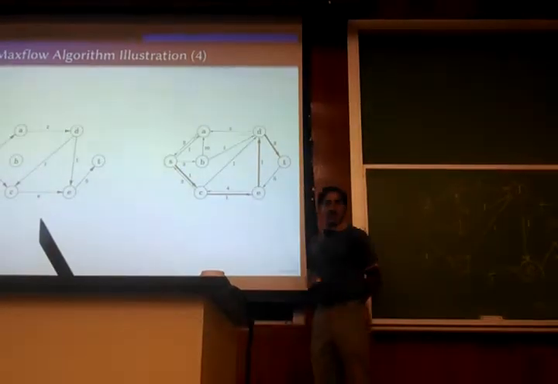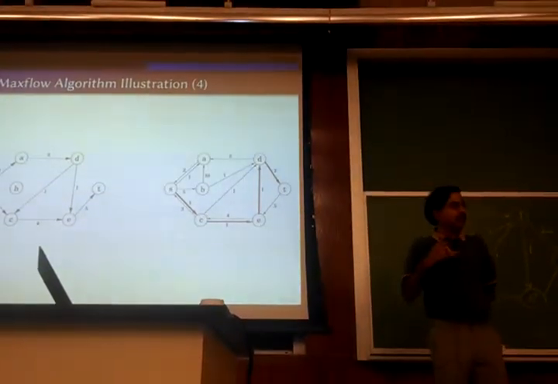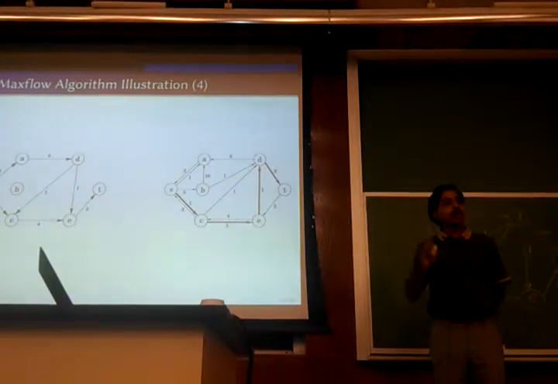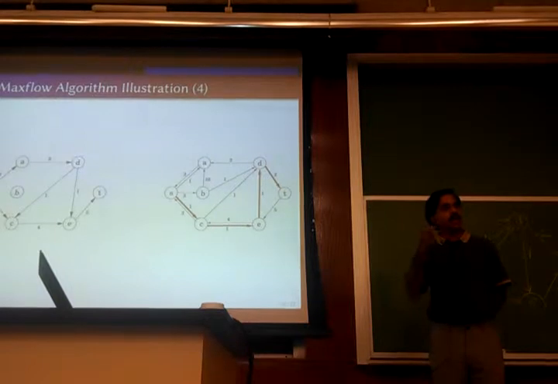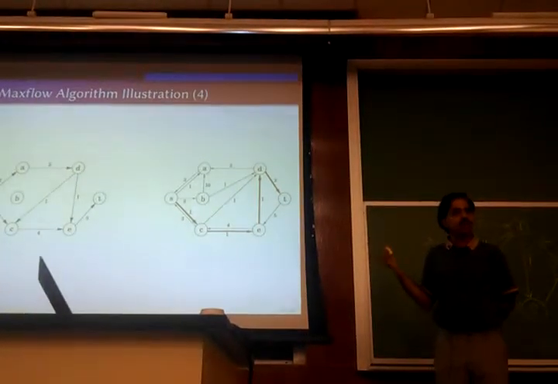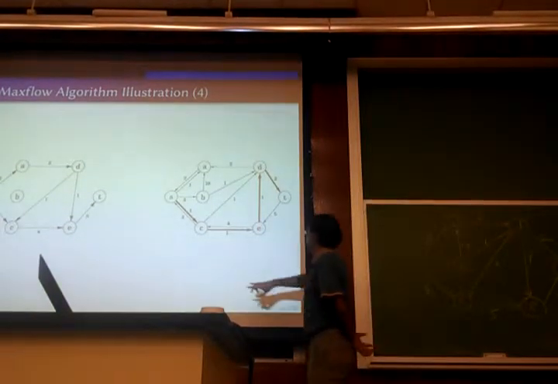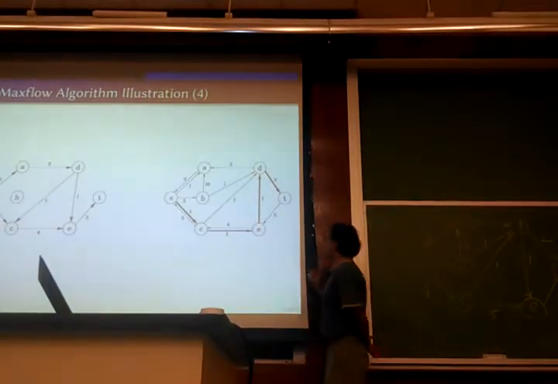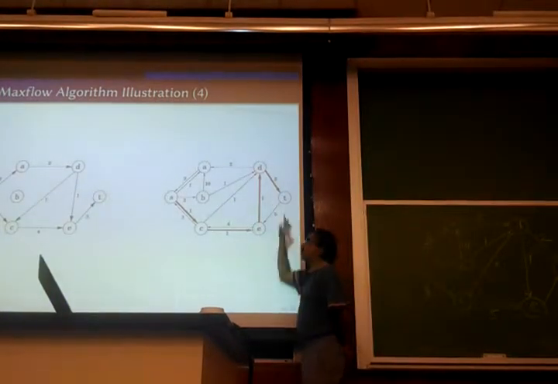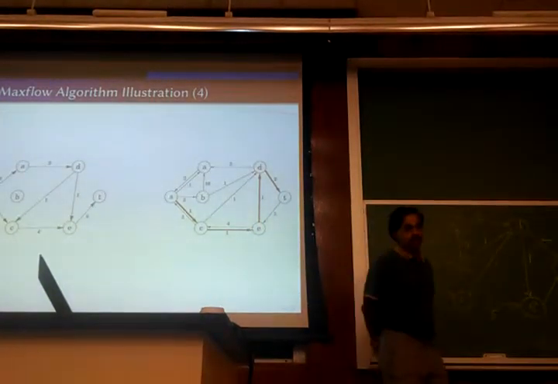Okay, and once again you find a path, and let's say this time, obviously, now with so many edges reversed, you can see that finding paths is becoming difficult, which is what you would expect. You have already started pushing a fair amount of flow, and so finding places where you can push additional flow is going to be difficult. Okay, so in this case there still exists a path S C E D T, and it uses this edge now in reverse.